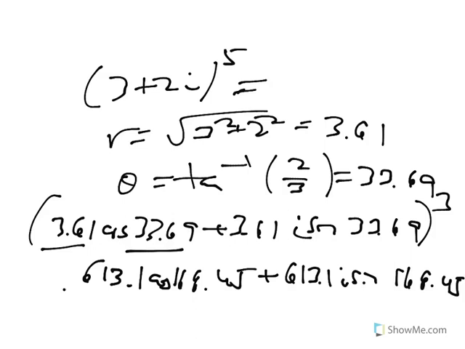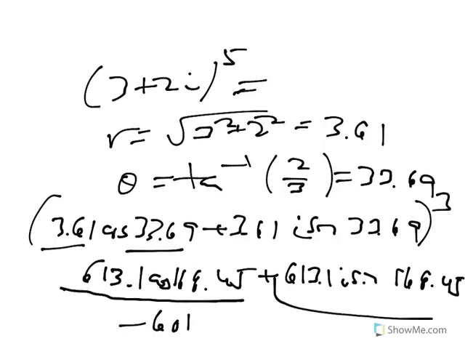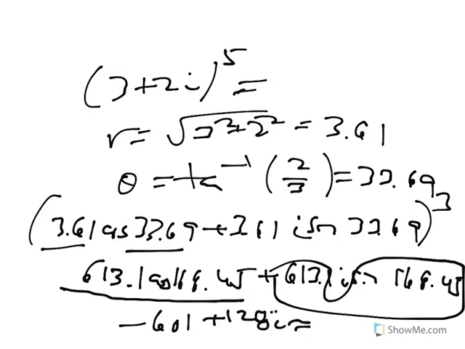Then I could just pop into my calculator 613.1 times cosine 168.45, and I would get negative 601. And if instead I do 613 times sine 168.45, I get 128, so I get 128i. Because of rounding, I don't get the exact answer to this question, which is actually negative 597 plus 122i, but it's pretty close.